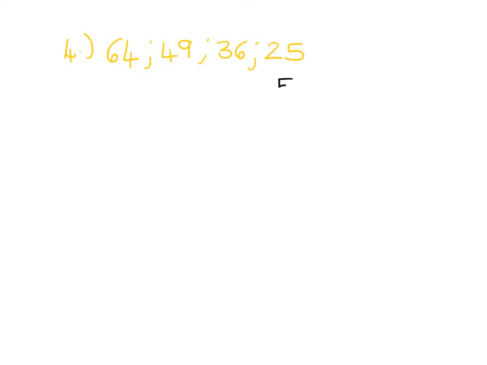These are squares. Okay, squares. So when you see the numbers 25, 36, 49 or 64, then you should recognize them as squares.